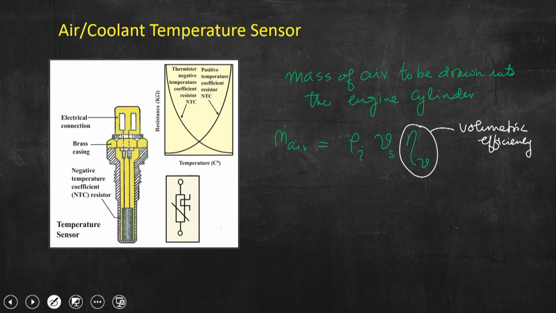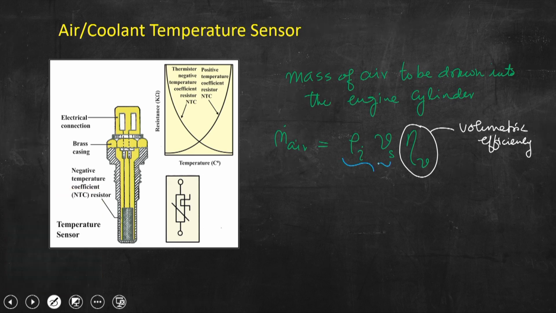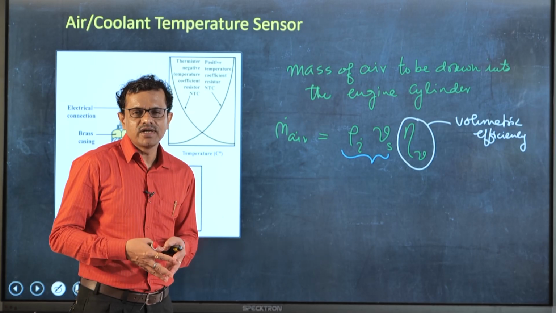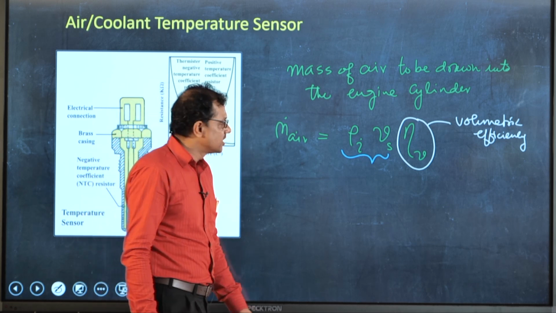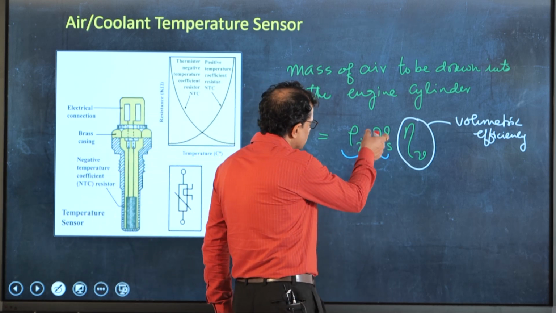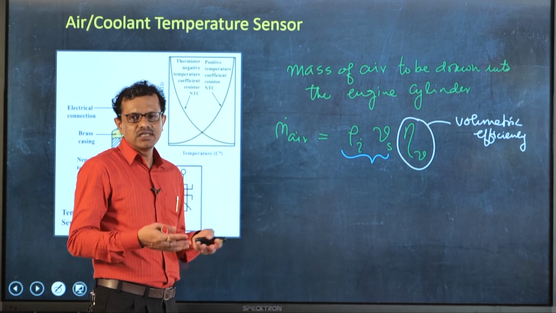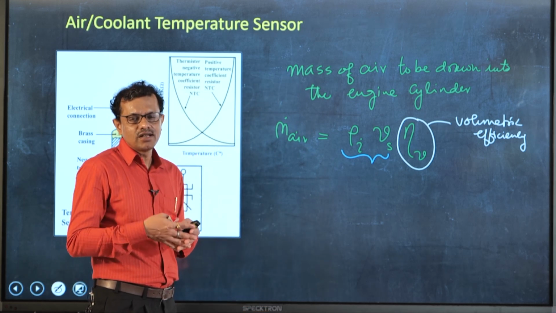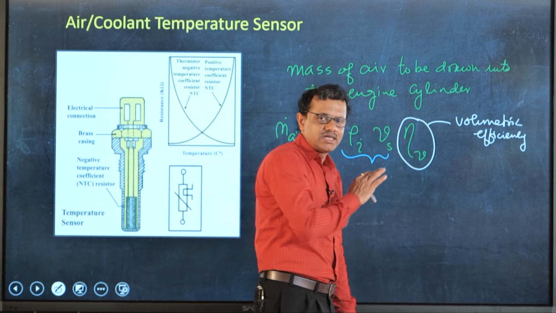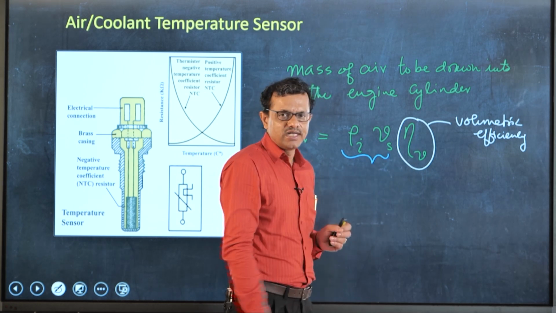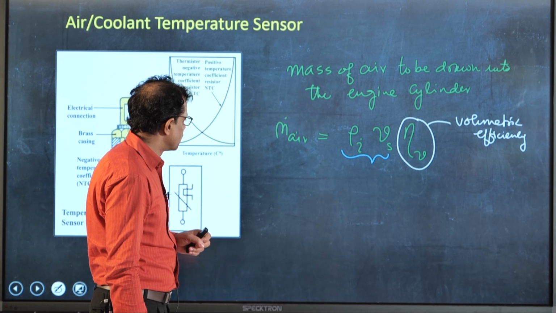Because if we just consider these two terms, certainly we will get a theoretical amount of mass of air to be drawn into the engine cylinder, but in the real case it is not this scenario. The actual mass of air taken into the engine cylinder for a given throttle position and for a given cycle should always be less than the theoretically calculated value, and that is why this volumetric efficiency is there. And you have studied this part in your undergraduate internal combustion engine course.